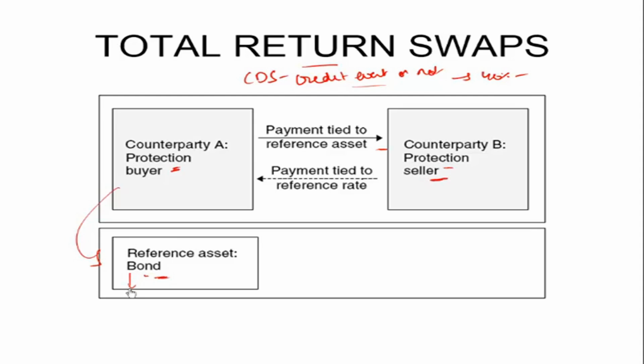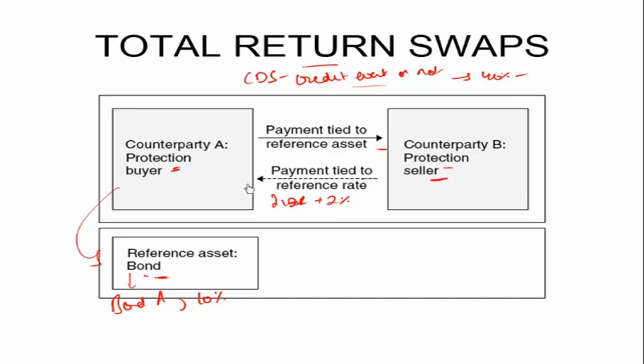For example, this was a bond A that gave a coupon of 10%, and the protection buyer enters a total rate of return swap where the seller gives the buyer LIBOR plus 2%.